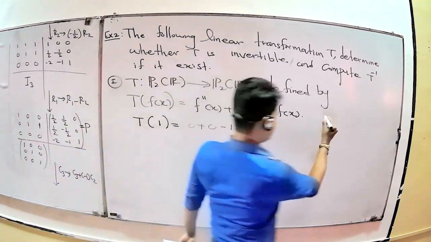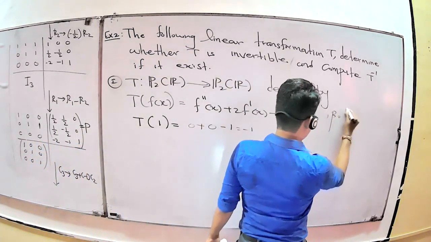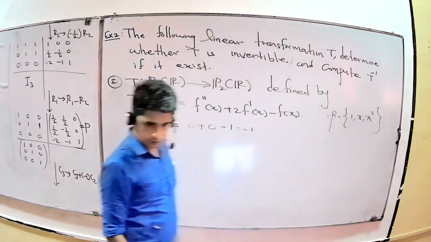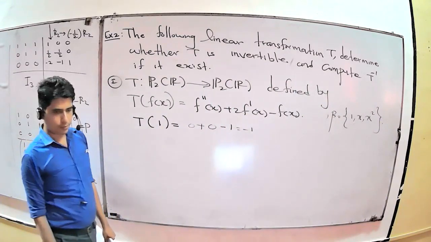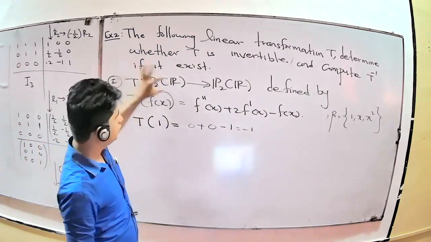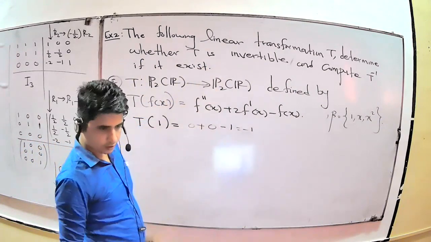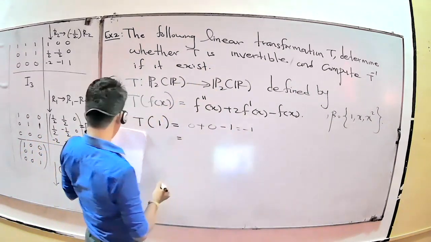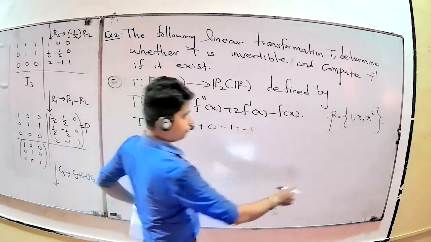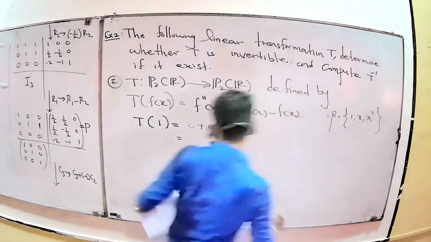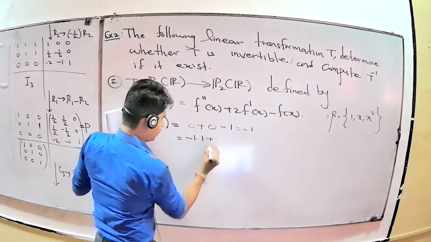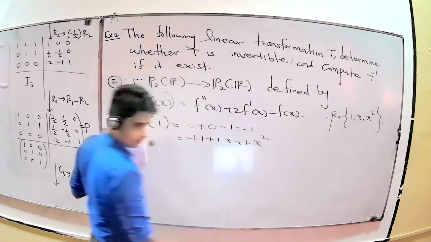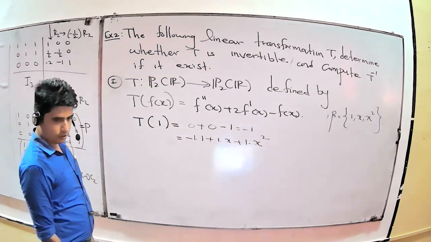The ordered basis is 1, x, x squared, because P2 real number is polynomials. Here also your ordered basis beta, and here also beta. Now you want to write this minus 1 in terms of the vectors 1, x, x squared. Therefore you can write minus 1 times 1, 0 times x, 0 times x squared.